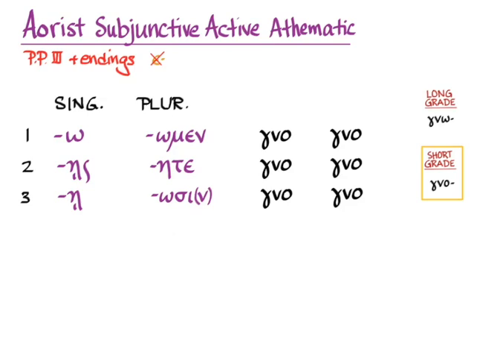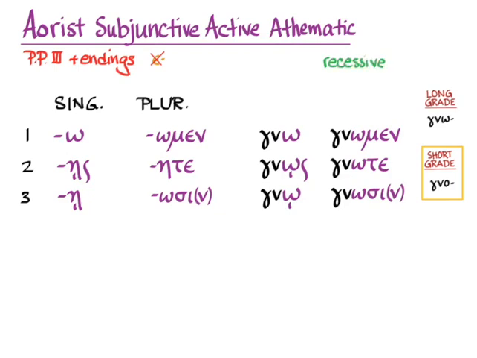And so what you get instead are these endings, which, after we put on the recessive accent, is going to be gno, gnos, gno, gnomen, gnote, gnosi, with that movable nu. So you can recognize the difference between first person singular and third person singular by the iota subscript. And I think you will recognize most of the time those unaugmented forms with those long endings as the subjunctive.